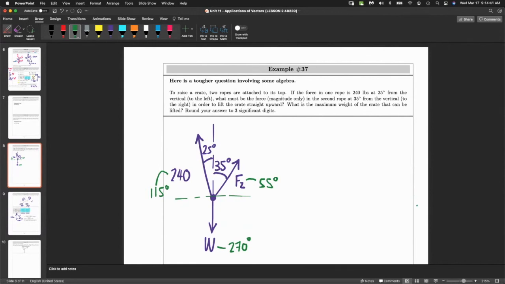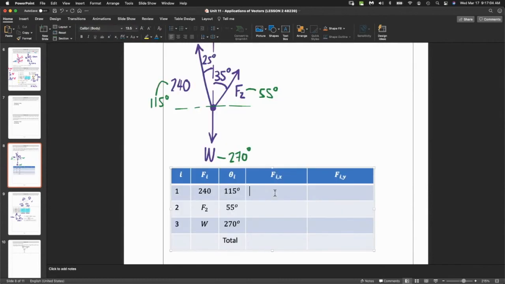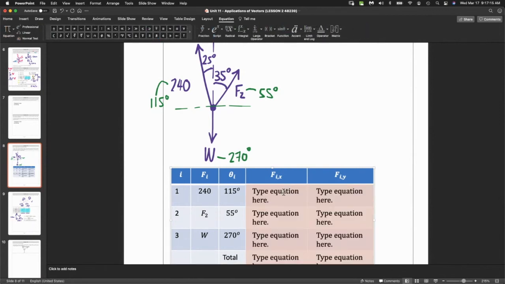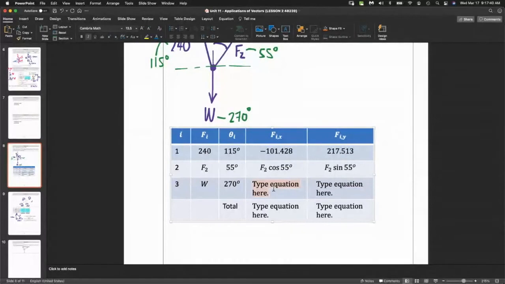So in this case, we can draw a table. So let me make a table here. So we can find the x and y components of each of those. Sometimes we'll require a formula, but let's see what happens here anyway. In this case, this is going to become the following. This is negative 101.428. Now, W cos 270. What's W cos 270?